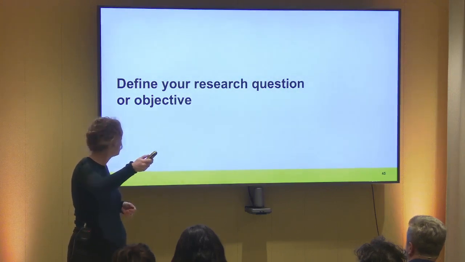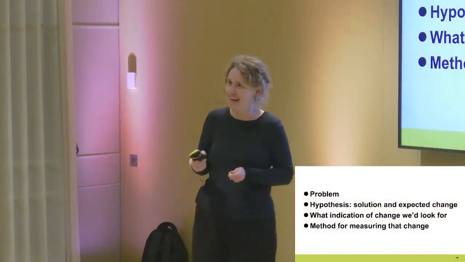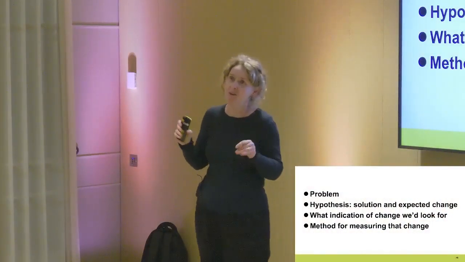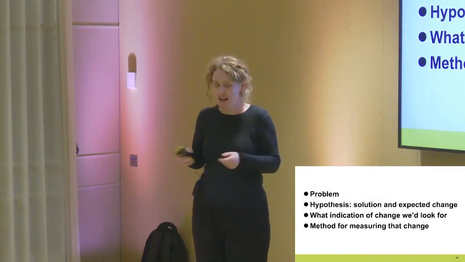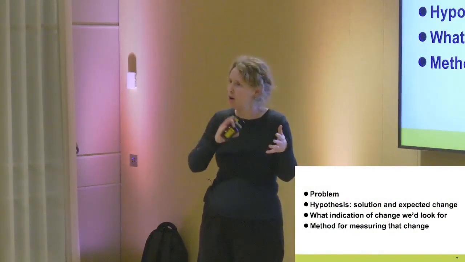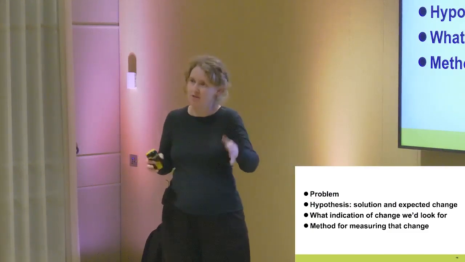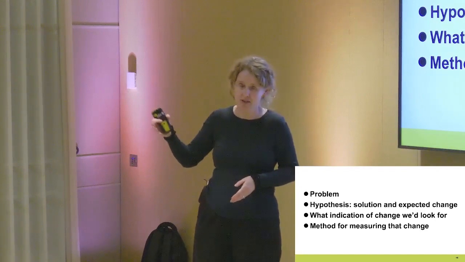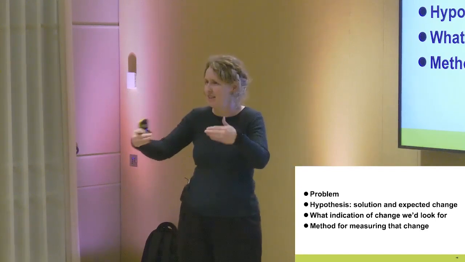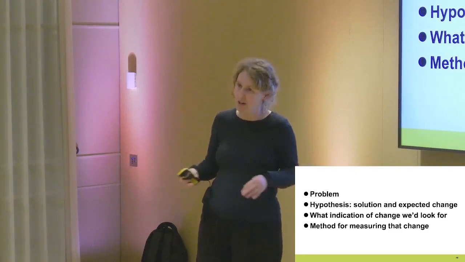So we had our research objective, and the team had this lovely prototype. But in order to work out which of us were going to do what, so what kind of quant methods we'd do and what qual methods we'd use, we needed to break things down a bit, because the team had created the prototype to solve some problems.